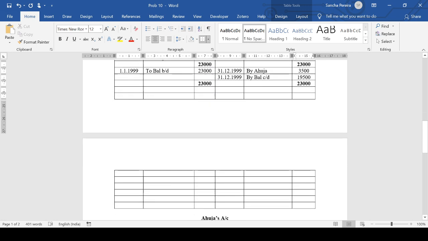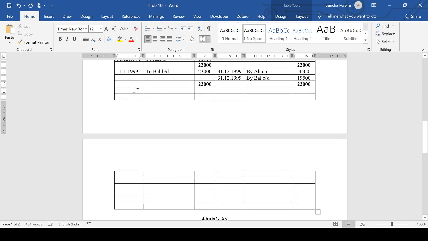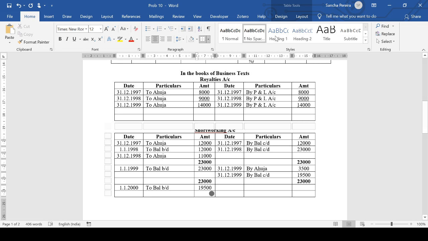So bring down that balance so that we don't forget that. First January 2000, to balance brought down 19,500. And your royalties account closes by itself.